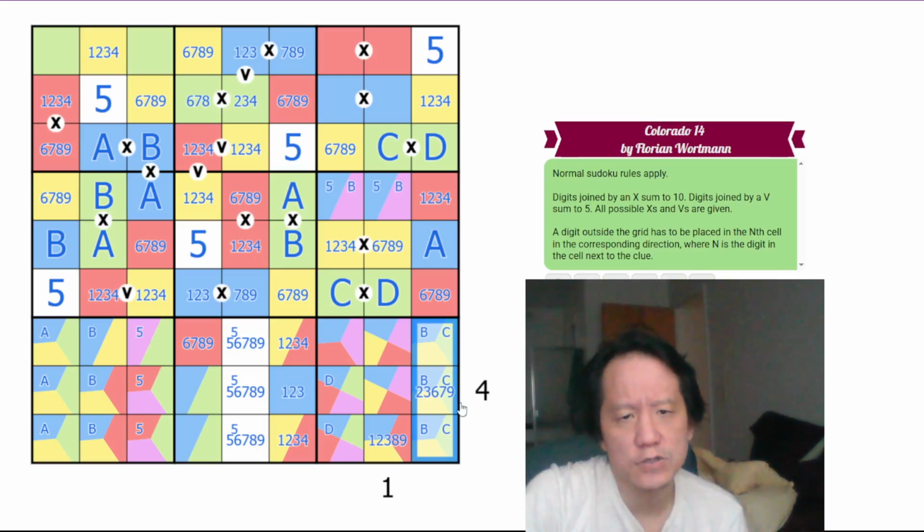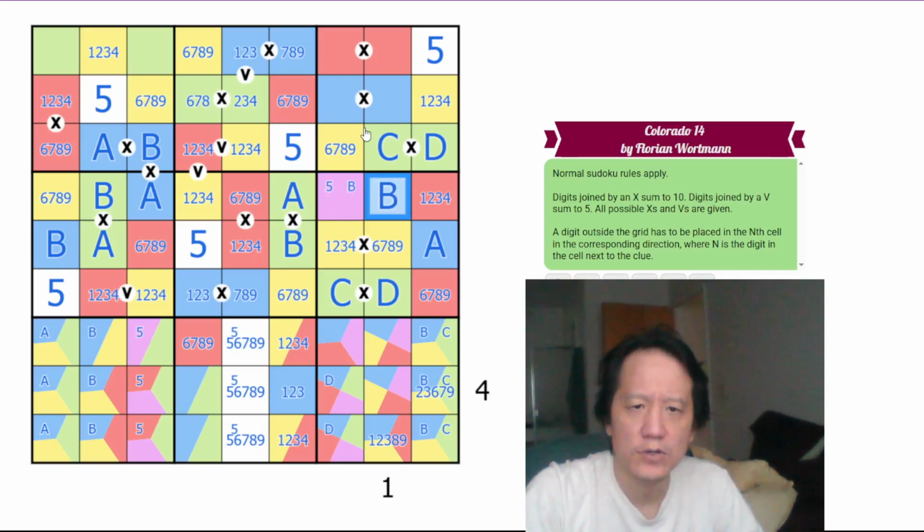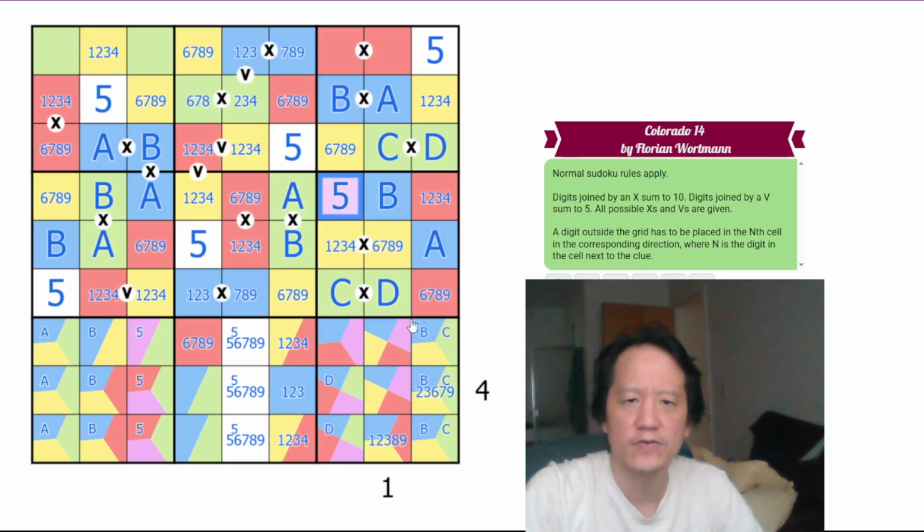Oh, that's interesting. Sorry, say this was, well, maybe we should take a look at what if this is pink too. But if this is blue, this has to be the B blue, which forces this to be the A, this is B, this is 5, obviously.